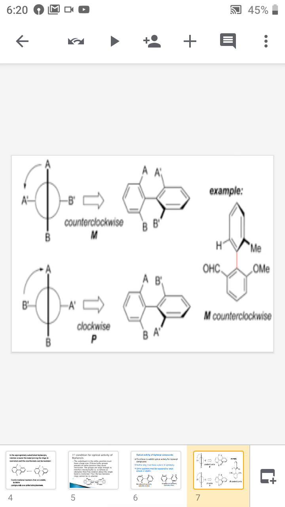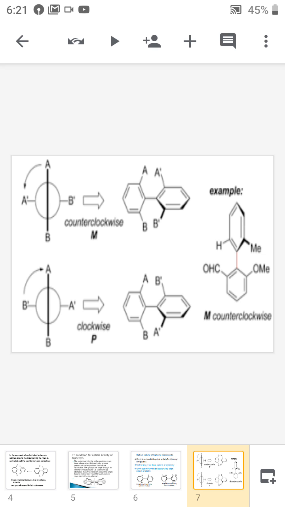And I am also discussing how we will observe an optically active molecule. If you observe through the A'B' ring, we will get the Fischer projection formula like this. If you are observing the molecule in the A'B' plane, the ring which contains the A'B' substituents, we can see A in the upward direction and B in the downward direction, and A' on our right-hand side and B' on our left-hand side.